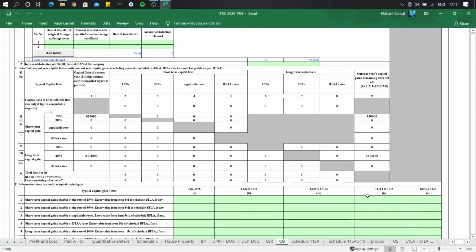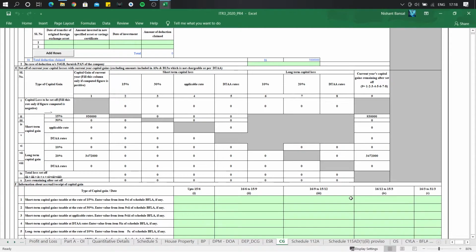So we just have to mention the date of transfer of capital asset, like we have to select in which slab the date of transfer of capital asset would fall.